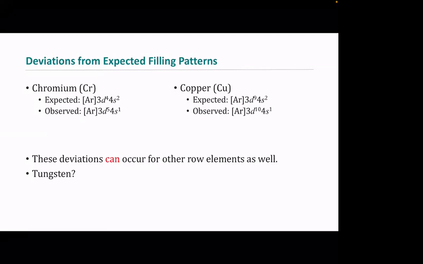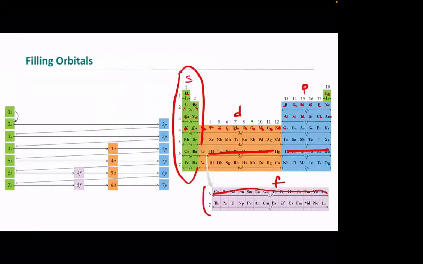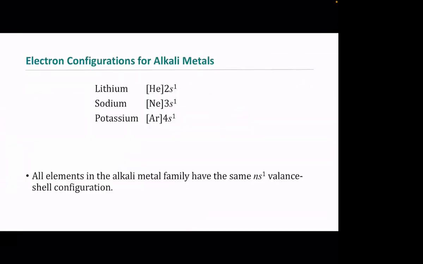We can use the condensed form, so everything through argon, and then 3d4, 4s2. That's what you would expect. These 2 are filled, and then 1, 2, 3, 4. There's chromium. That's what you would expect. However, this is what you see.